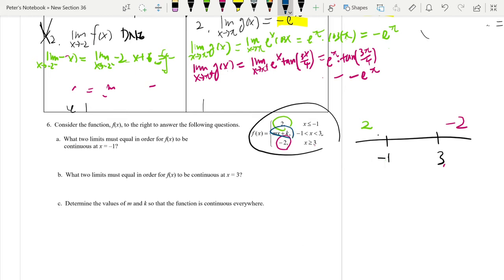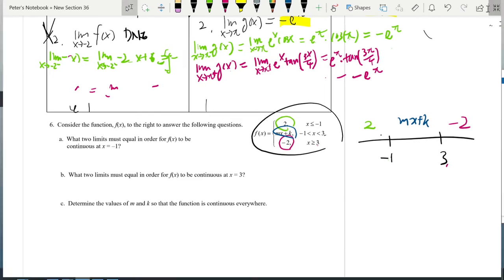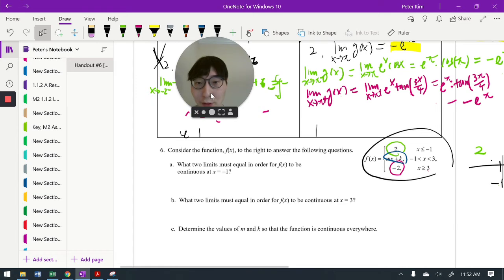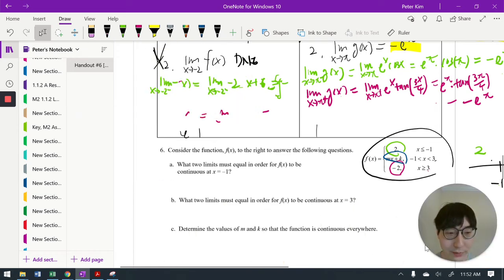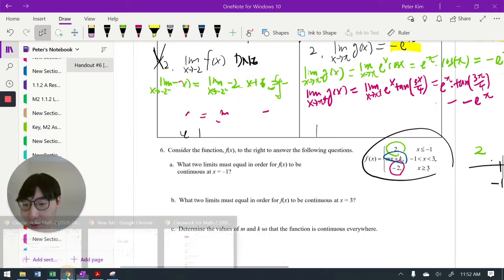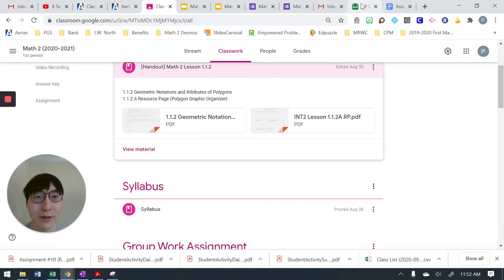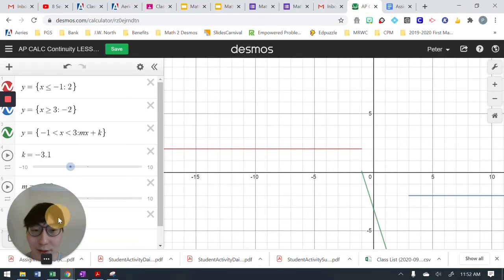So I have mx plus k between -1 and 3. So what two limits must equal in order for f of x to be continuous at x equals -1, right? So graphically speaking, it goes something like this, right?